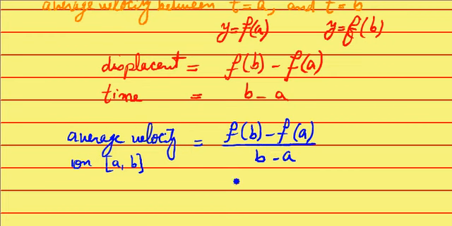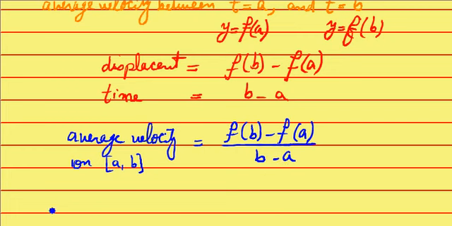What if I want to figure out instantaneous velocity? For instantaneous velocity, I have to choose a certain moment at which I want to calculate that. I no longer have an interval. The interval has shrunk to a single point. So I have to let, for example, b come close to a.